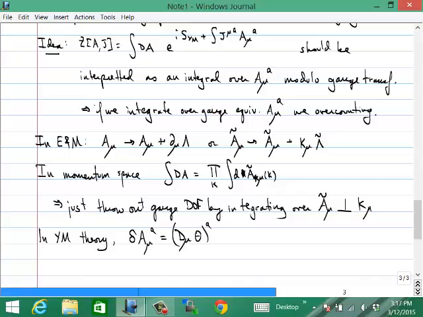And so the gauge transformation of the Fourier transformed Yang-Mills field Ã is not proportional to k. And so it's not just the longitudinal polarization of the photon that you need to discard if you only want to integrate over gauge inequivalent field configurations. So what we need to do is be a little bit more careful. And that's exactly what I'm going to do now.